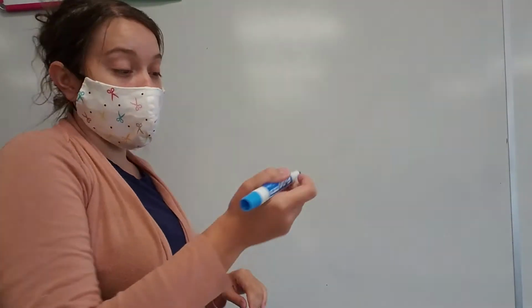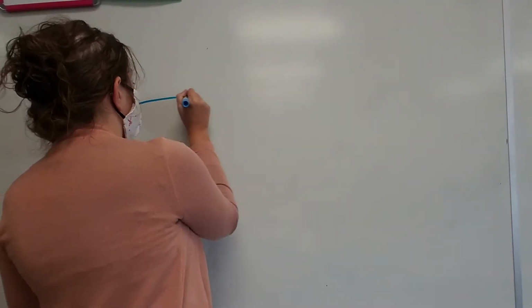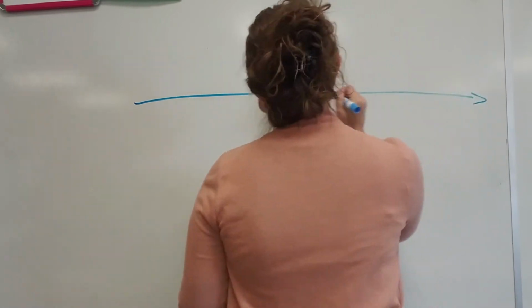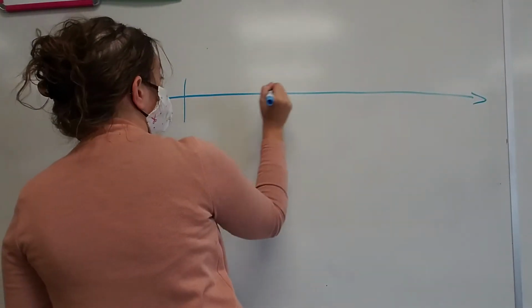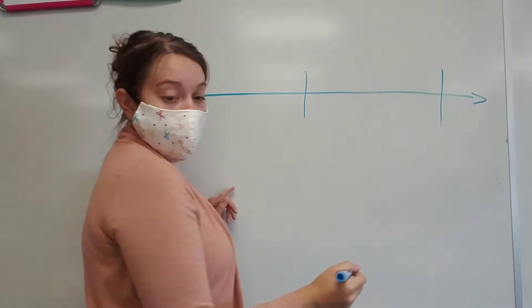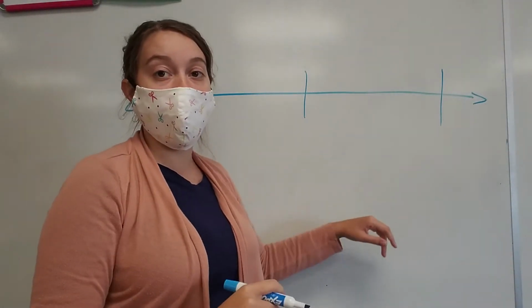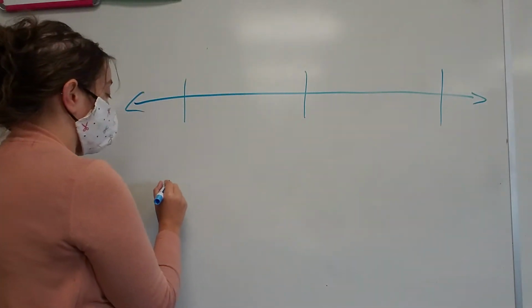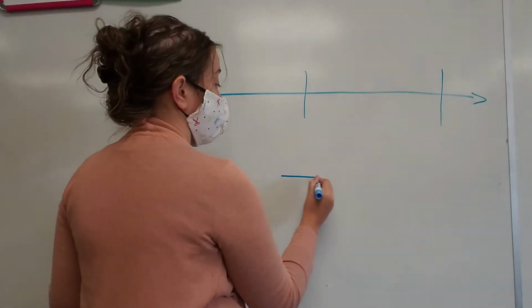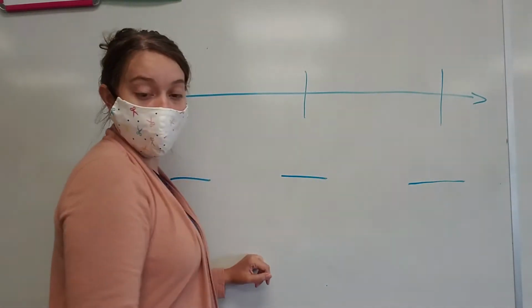So look at number 1. It says, complete the number lines and plot the numbers on the number lines. Then use them to help you round the numbers. Okay, so we have a number line. On yours it says lower number, halfway, higher number, right? So we've got lower number, middle number, higher number.